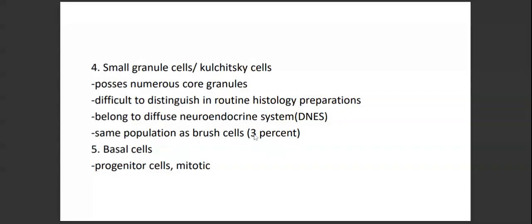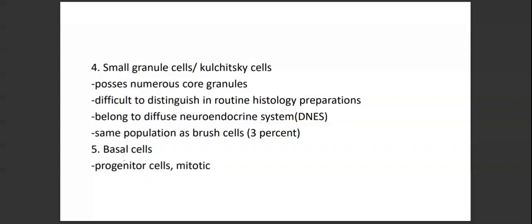These two cell types each comprise 3% of all the cells found in the respiratory epithelium. Then we have the basal cells. These are stem cells which produce the other types of cells.